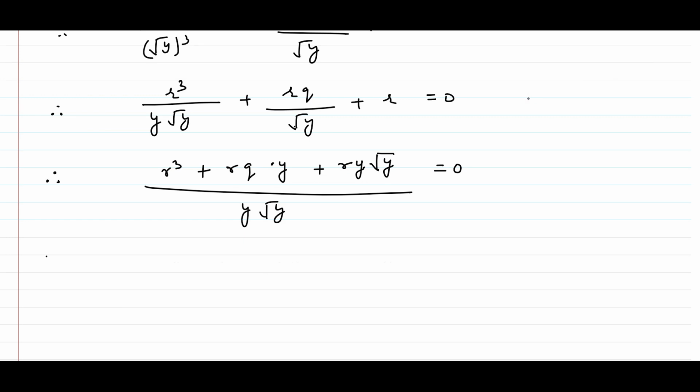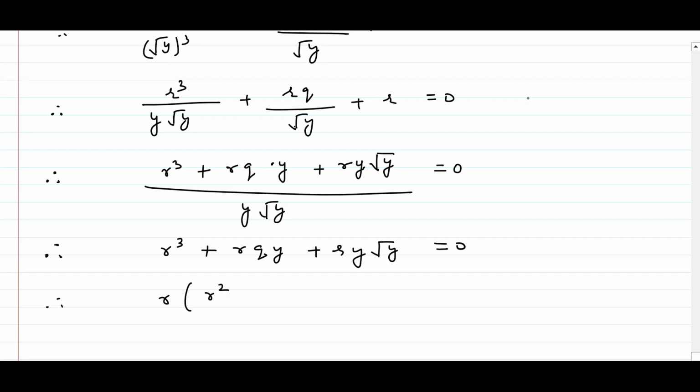So now further simplifying, it will give r to the power 3 plus q r y plus r y times root y is equal to 0. So here take the r as a common.